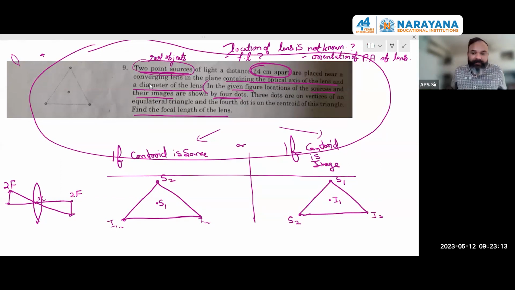These are the possibilities. Now just observe this question carefully. If for any of the sources, the image is formed here, then I know that the optical center will be the intersection of those 2 points. Just look into this point carefully and try to tell me which of them is not a possible structure.